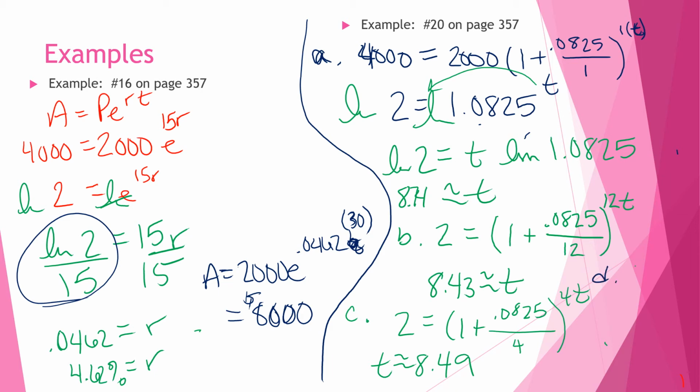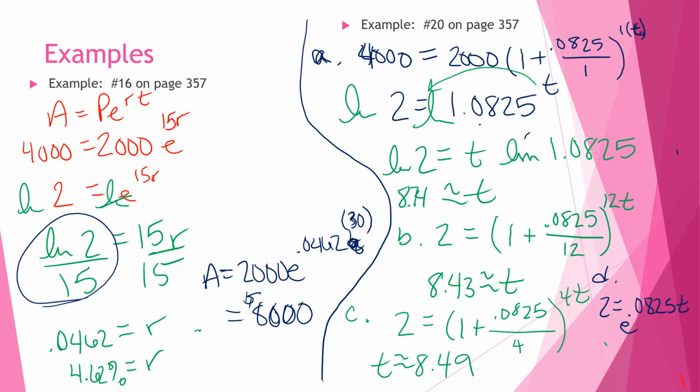I am running out of room, so I'll try to do this over to the side. It's pretty easy anyway. This one's now continuously. So you're going to take the same amount of money and we want to double it. So it would look like 2 equals 0.0825 e to the t, there we go.